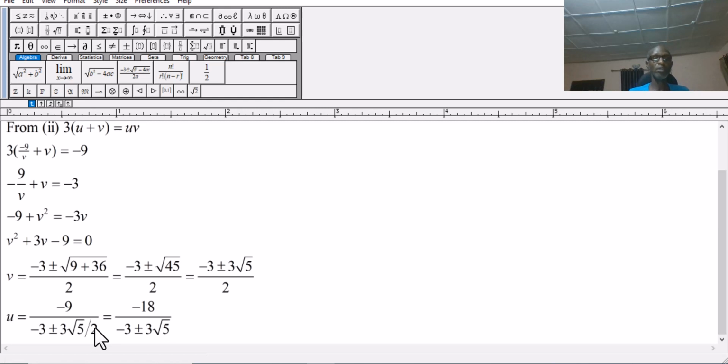You can try and solve this. You've gotten the value for your u and v. You can still simplify this because 3 is common to both sides. So what it will give us is minus 6, then minus 1 plus or minus root 5.